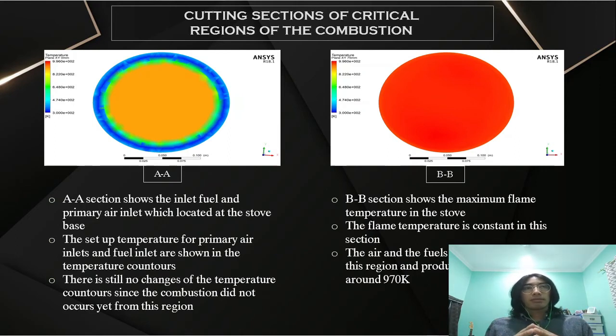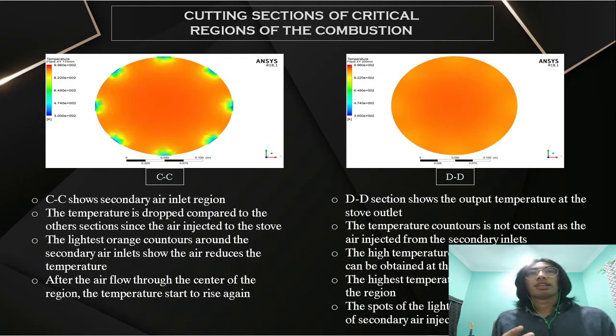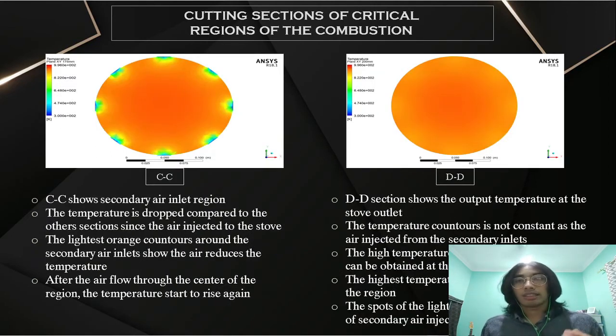So the flame behavior is constant in these sections. At the same time, in these regions, the combustion produces a high temperature flame, which is around 970 Kelvin. So next, let's look at the CC cutting sections.